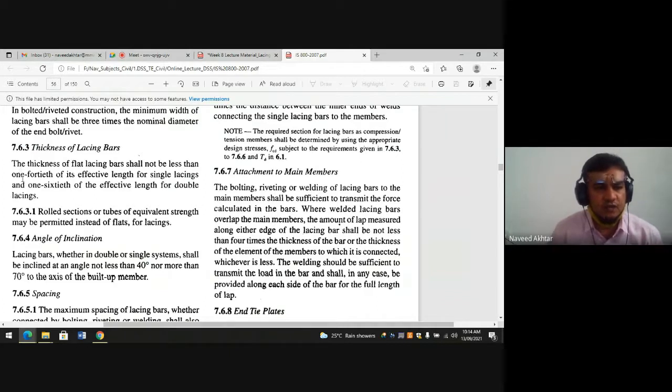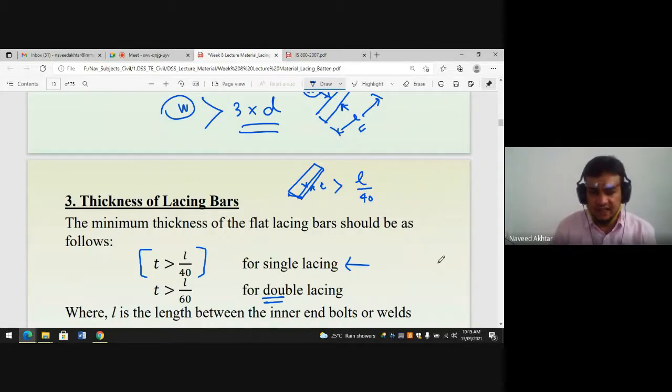Here it is given in words: the thickness of flat lacing bar shall not be less than 1 by 40 of its effective length for single lacing system, and 1 by 60 of the effective length for double lacing system. So here effective length is given, and you can write that t should be greater than Le by 40, or t should be greater than Le by 60 in case of double lacing system.